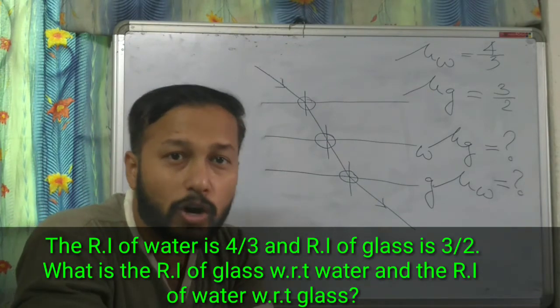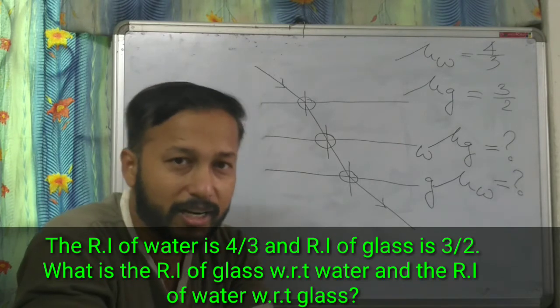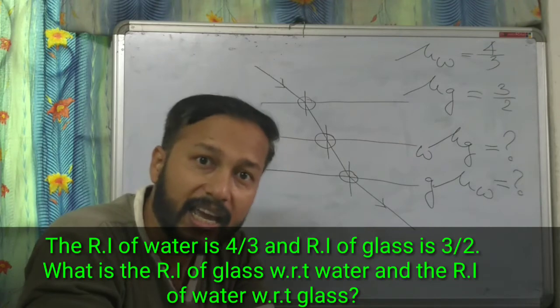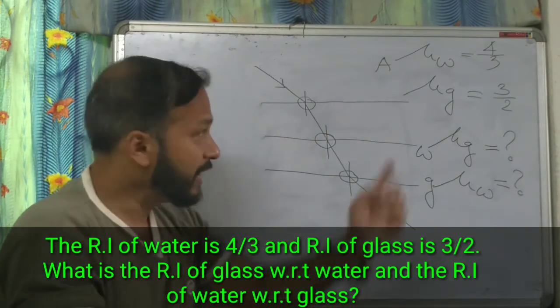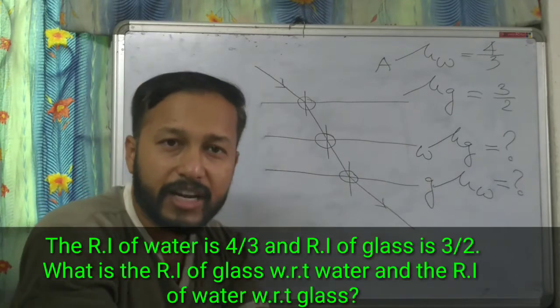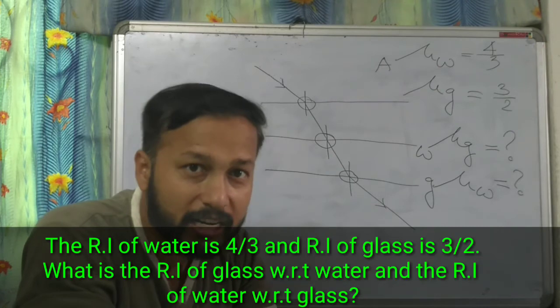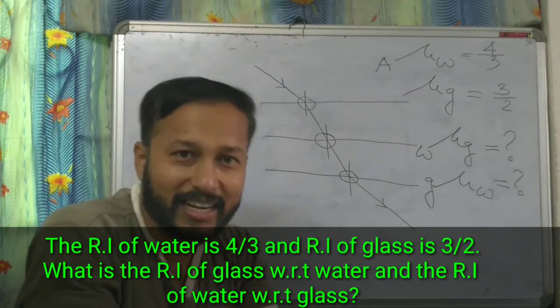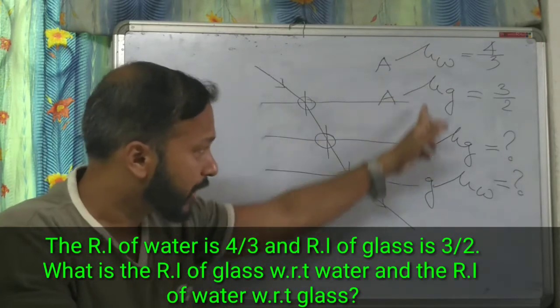When the medium is not given, we'll consider it as vacuum, or you can consider it as air. So we'll write air. In the next line, the refractive index of glass is given, with respect to which medium? It's not given, so we'll consider it air.